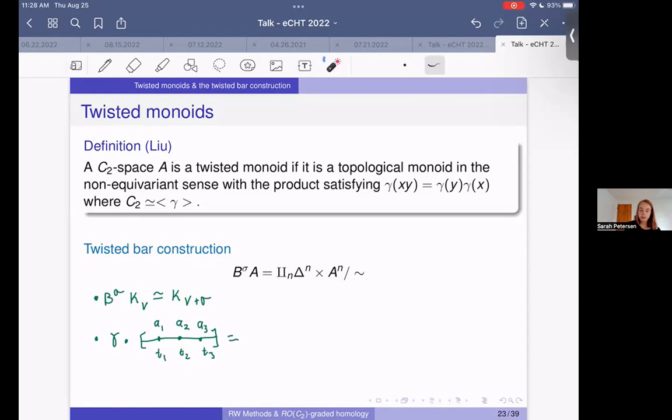And then the non-trivial element of C2 acting on this point will flip the interval around the origin. So t3 will be sent to negative t3, t2 will be sent to negative t2, and t1 sent to negative t1, and gamma acts on the labels as well.